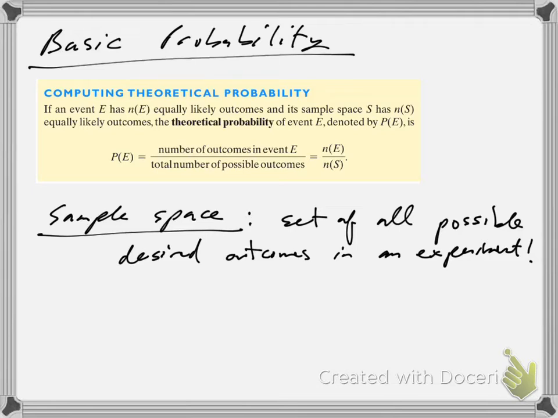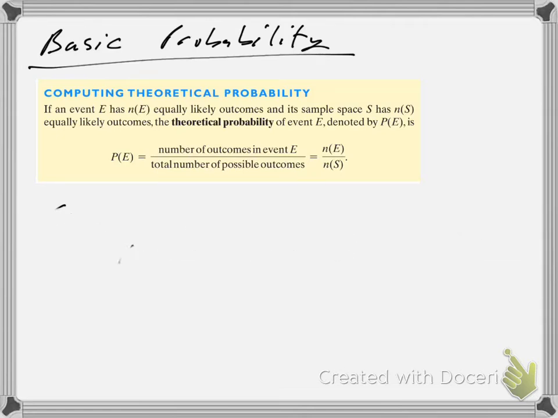Let's just hit up some examples and we can start to get a handle on this, okay? I'm going to erase this definition. So basically, another way to think about this is the theoretical probability is the number of desired outcomes divided by the number of possible outcomes, all right?